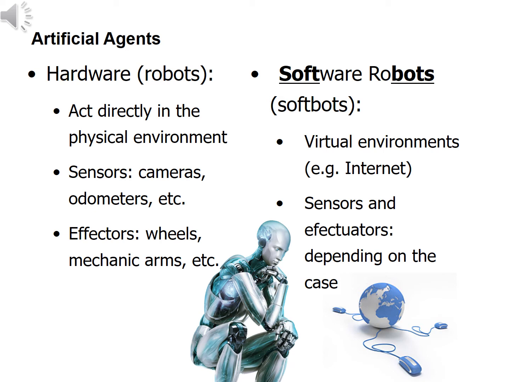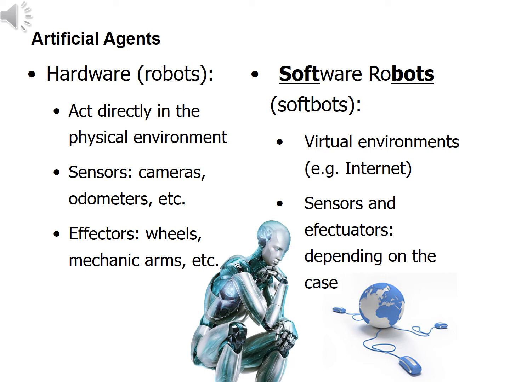We distinguish between two kinds of artificial agents. The first one are hardware agents or robots, and then there are software agents or software robots or softbots. The hardware agents or robots act directly in the physical environment.